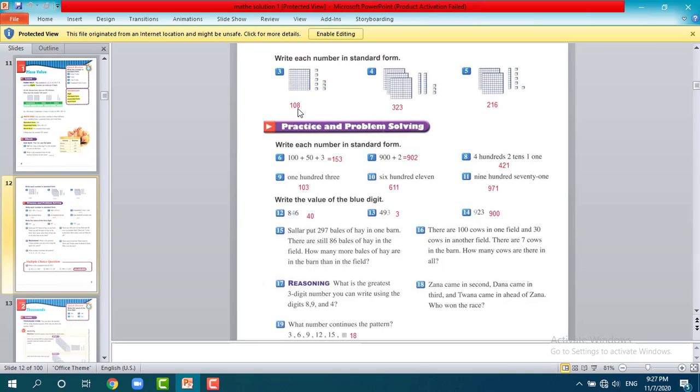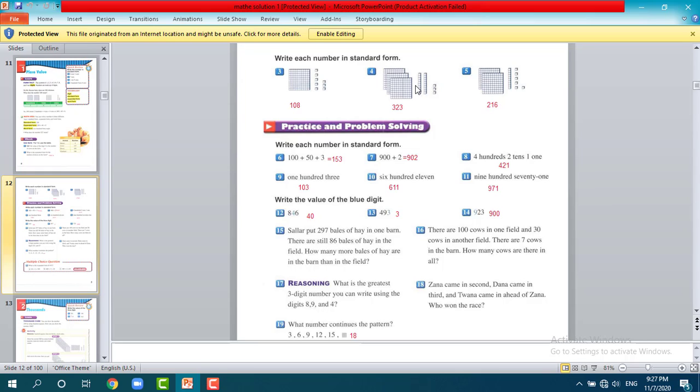In equation 4, as you can see students, we have 1, 2, 3 big squares, and we say that these squares mean 100. Then we write 3 in hundreds. After the squares we have 1, 2 columns, and we say that these columns mean tens.